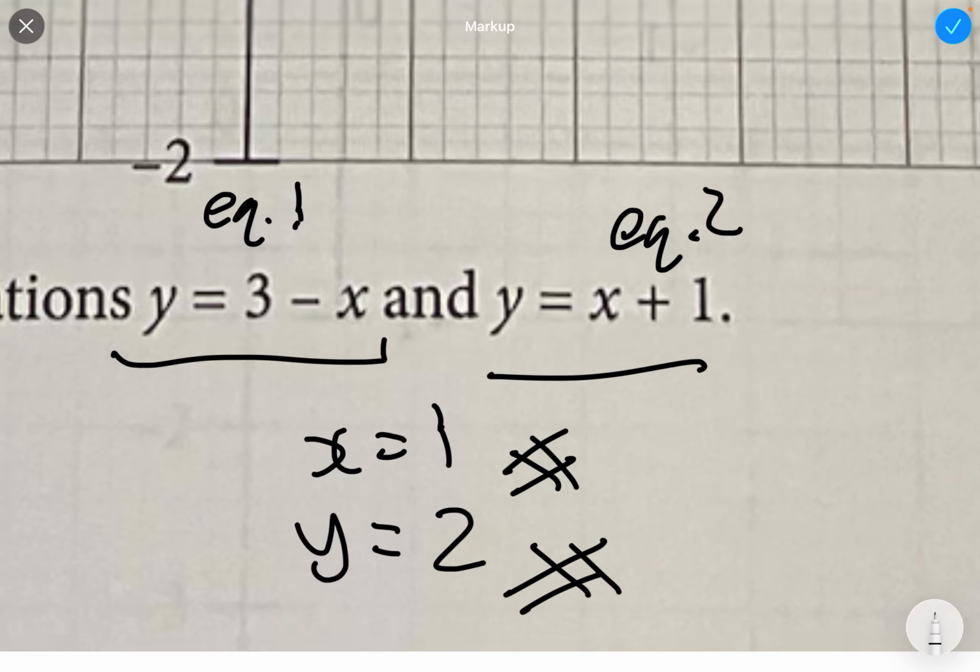Just 2 questions. Okay, just these 2 questions. You will have to draw the 2 lines and then find the intersection.